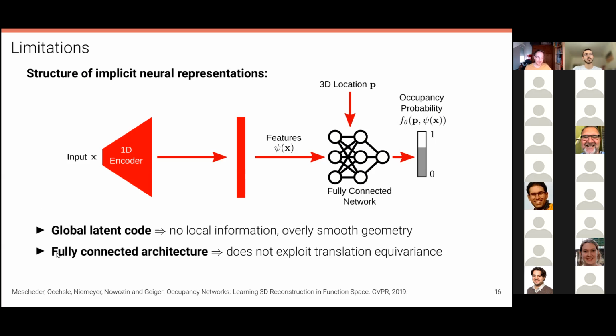And the other problem is that we use a fully connected architecture, which doesn't exploit things like translation equivariance that we would ideally like to exploit, because we know it's a useful property not only of 2D images, but also when processing 3D scenes, like indoor scenes.